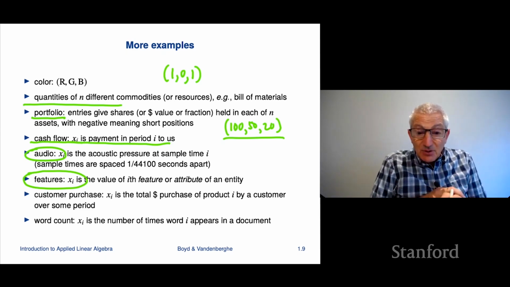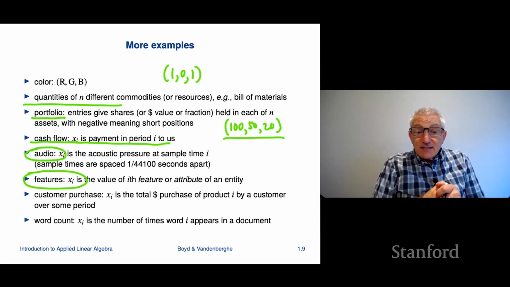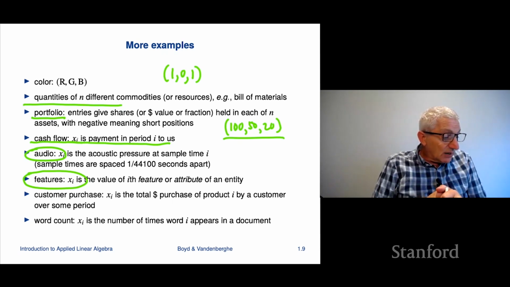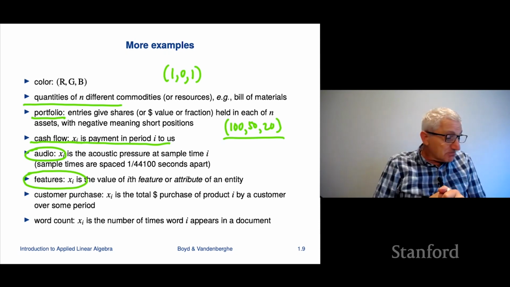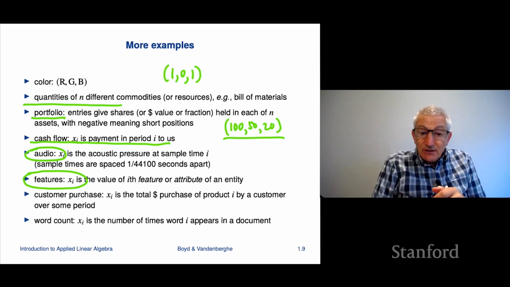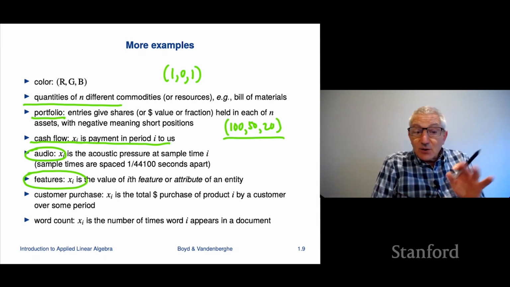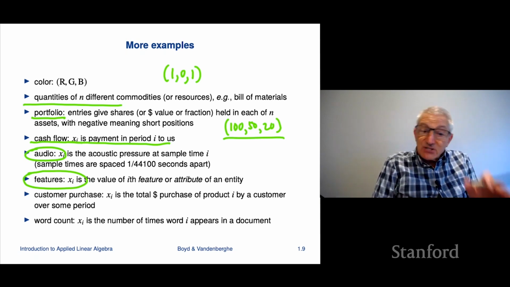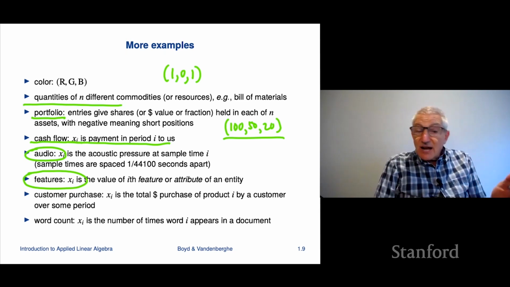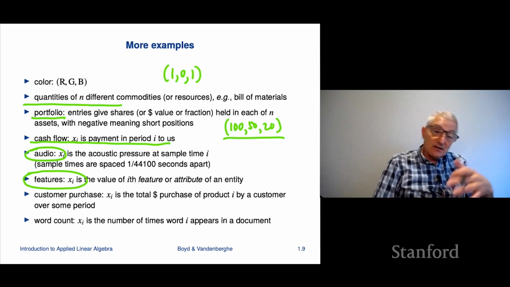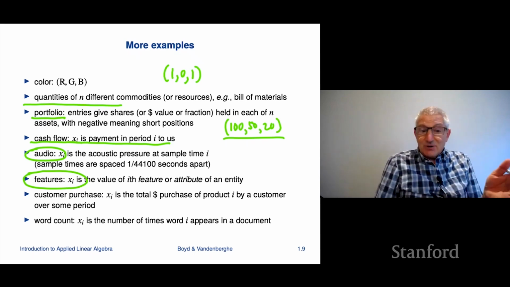So, I'll give you one. Let's say the entities correspond to a patient being admitted to a hospital. The first entry could be their weight. That would be X1. X2 could be their height. X3 could be their diastolic blood pressure, and X4 could be their systolic blood pressure, and so on and so forth.